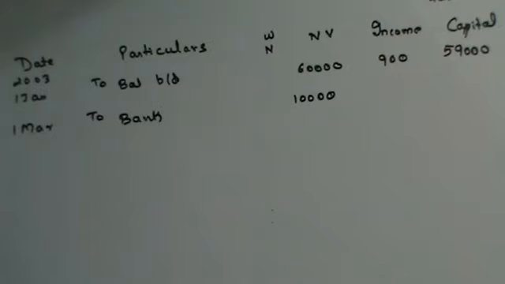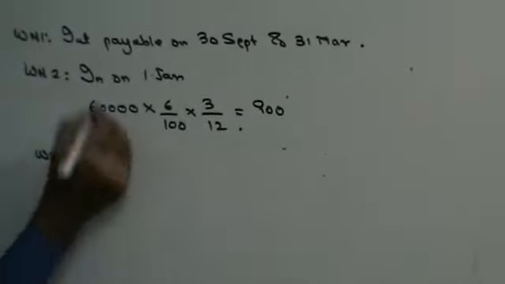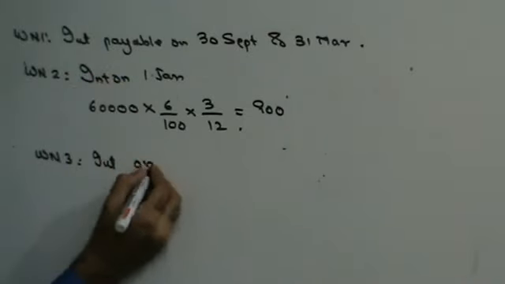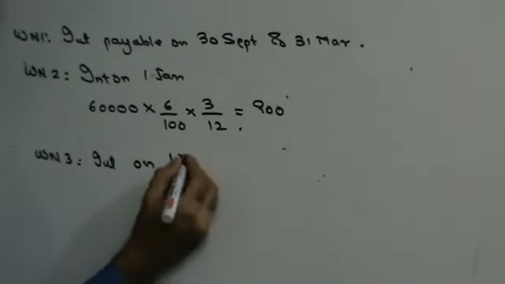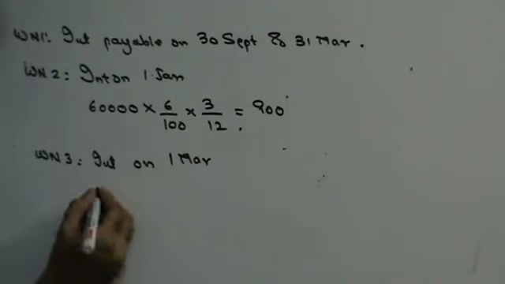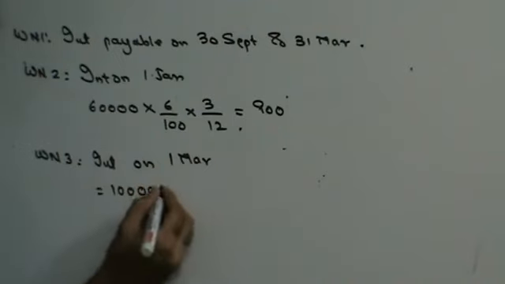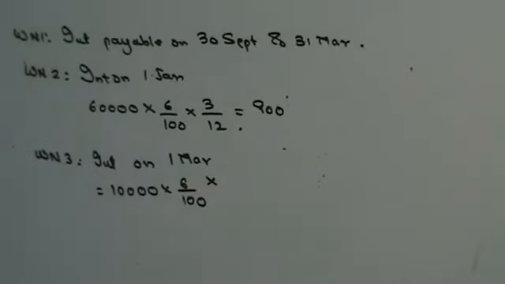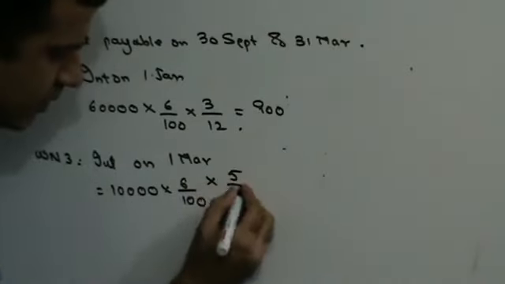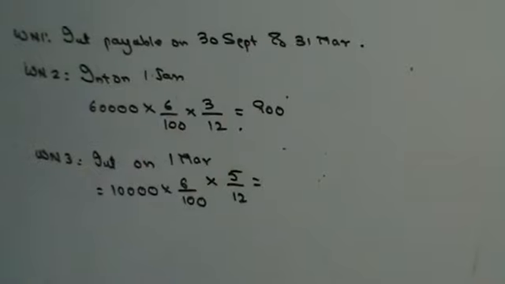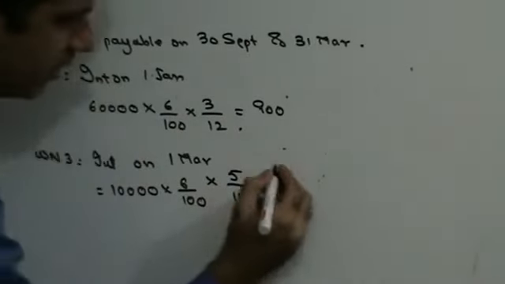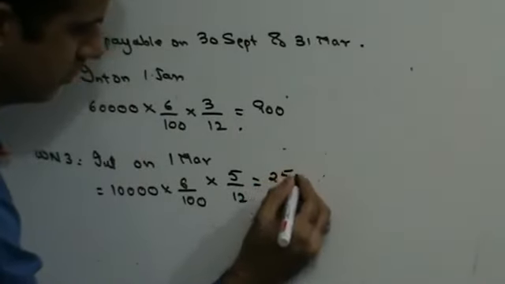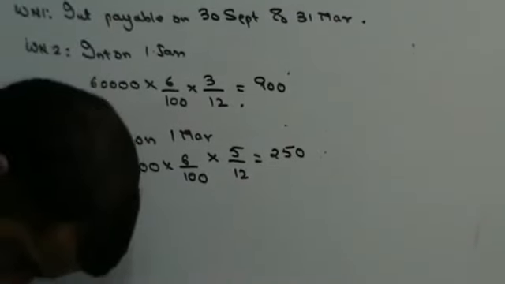Let's calculate the interest first. Working note 3. Interest on 1st March is 10,000 into 6% into 5 months. Someone please help me calculate this. 250. So the interest is going to be 250.